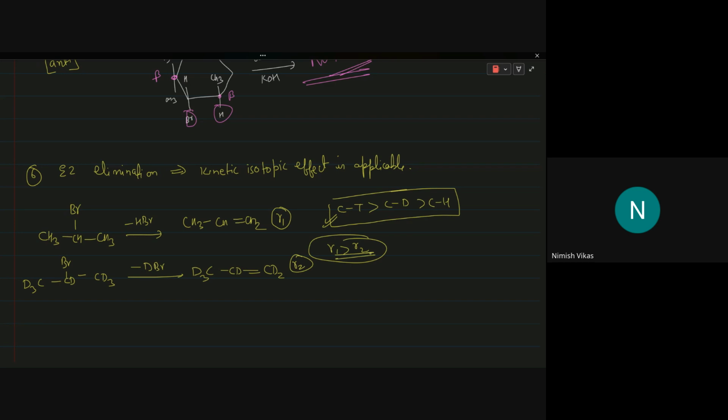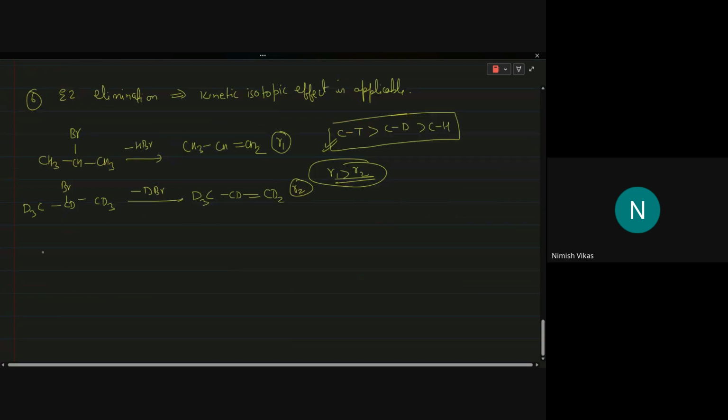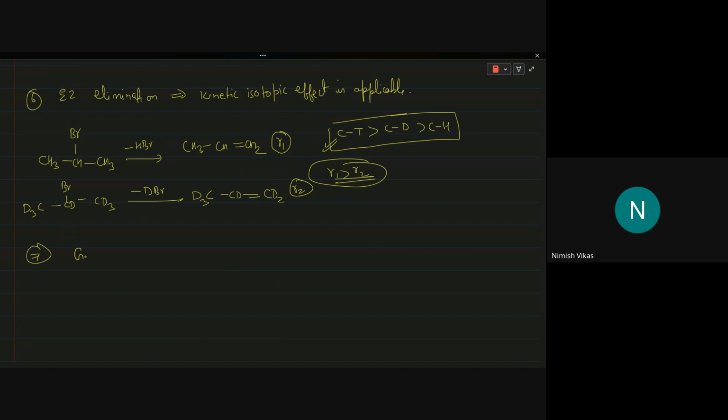Okay. Now some more things like this have also been asked in our examination. In E2 elimination also, most of the time the Zaitsev product is the major product. So this I will write clearly.